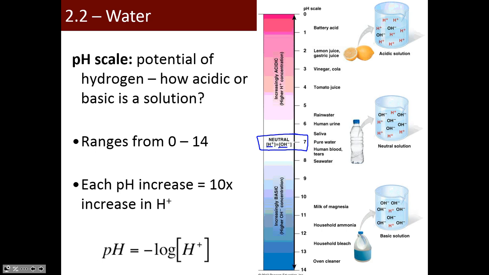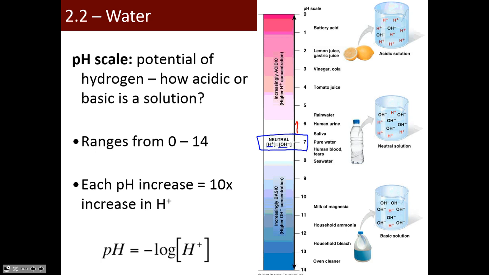And because the scale is logarithmic, each pH change is actually a 10 times change in the concentration of hydrogen ions. So when we go from 7 down to 6, from pure water to about where human urine is, we have increased our hydrogen concentration by 10 times.